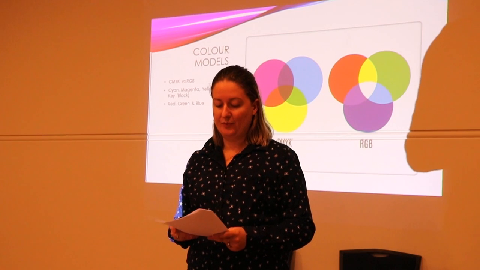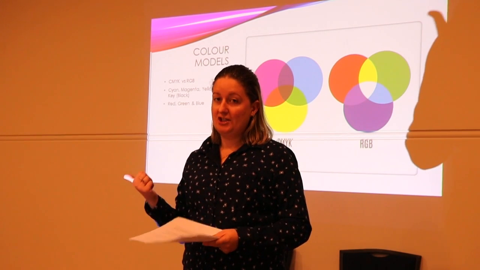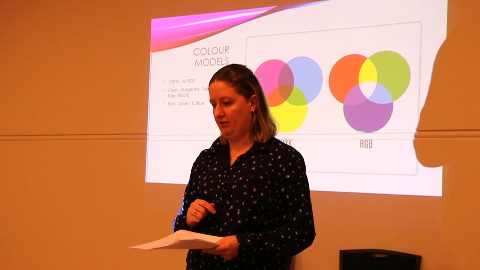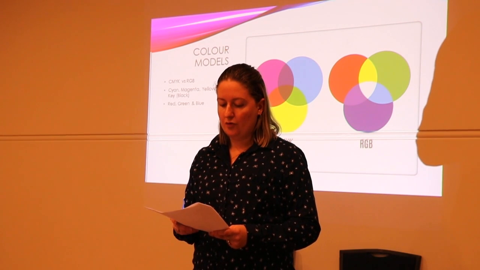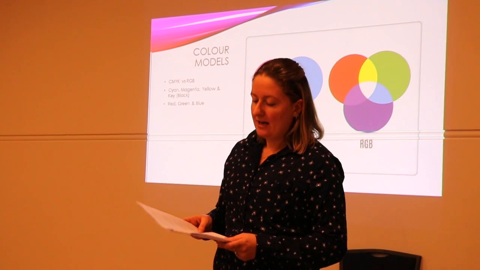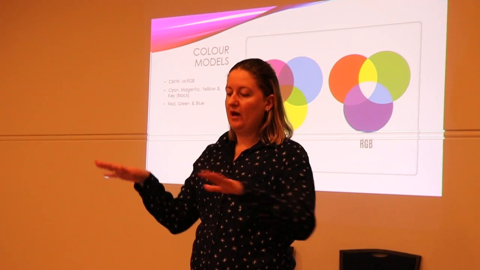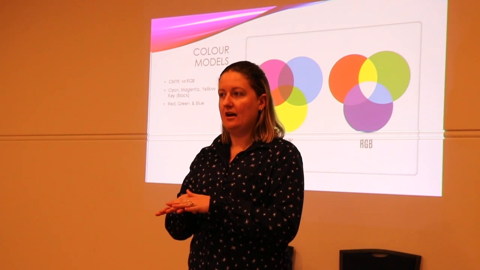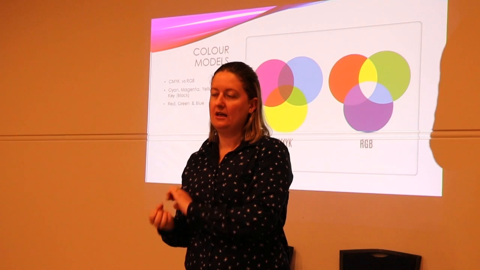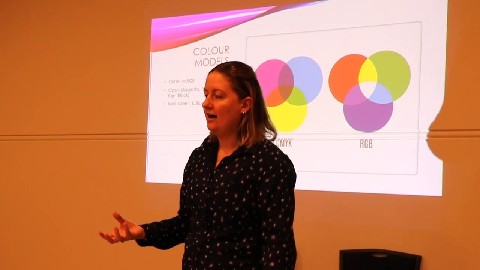Now, with RGB, so we've heard of that, that is on screen only. The reason for that is it's called additive colour. By combining the colours together, instead of getting black, you get white, because it's dealing with the light on the computer screen.